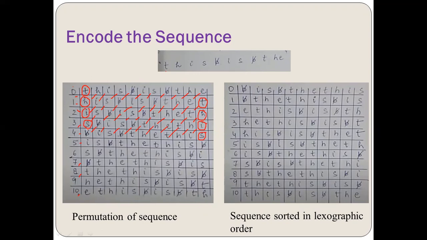Now, moving further, same form of cycle. B bar will become the last position holder in the fifth row. Now, following the same thing: I, S, B bar, T, H, E, T, H, I, and S. And this is how we are going to do it.